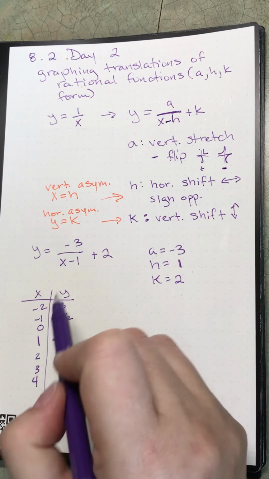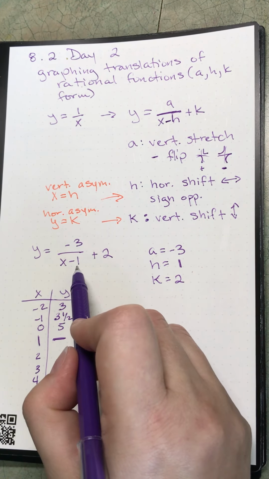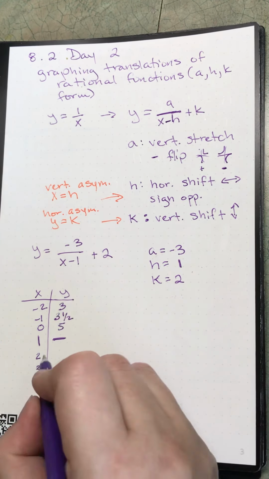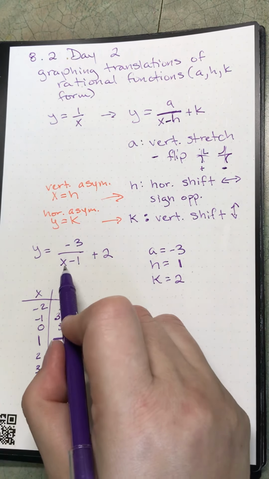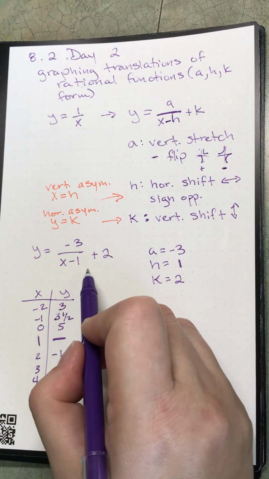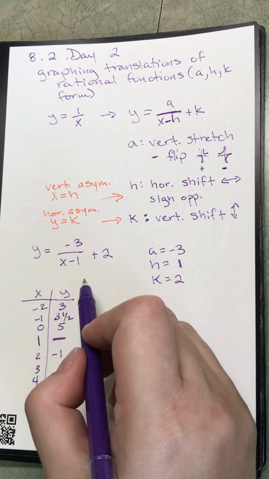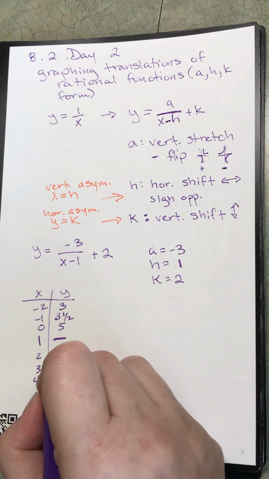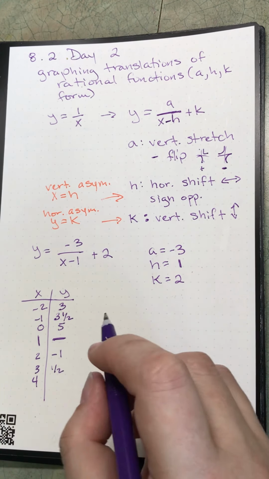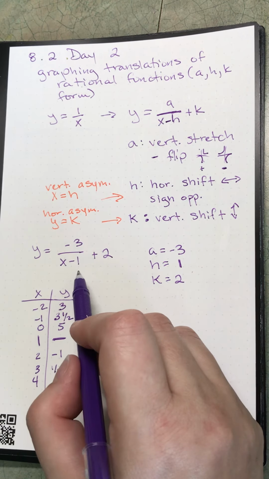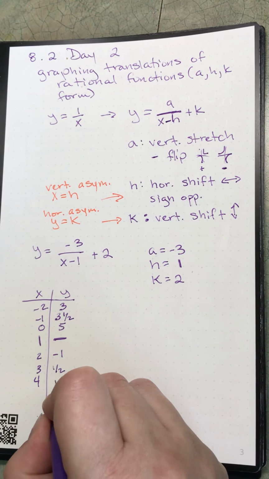Sorry, 2 minus 1 is 1, negative 3, so this is negative 3, plus 2 is negative 1. 3 gives 2, negative 3 halves plus 2 is 1/2, and there's 4, negative 1, so this is 1.